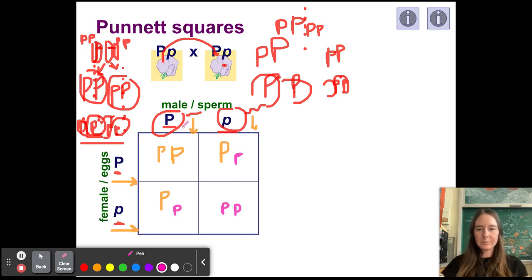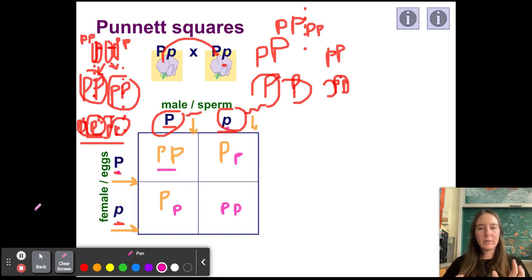So what is this showing us? If this is a pollen that is fertilizing this flower, and this is the egg that's available at that time, this will be the genotype of the offspring, the child flower. Same thing here. If these are the alleles found in the gametes, sperm and egg, then the offspring will be this, or this, or this.